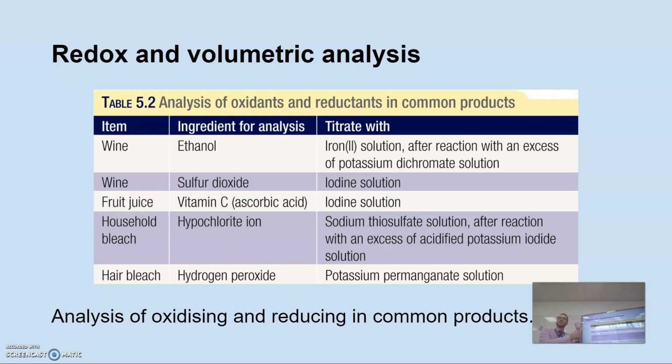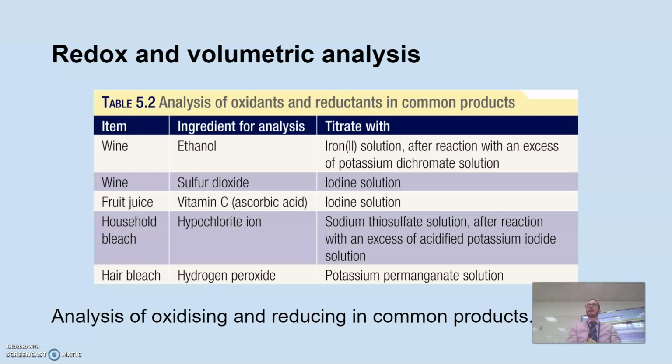At the end point, or the equivalence point, we see that color change. We saw that two weeks ago. Remember how it went from orange to green? It will stay orange, stay orange, stay orange, then go green once we reach excess. Once all of that ethanol has been oxidized, we see that color change.